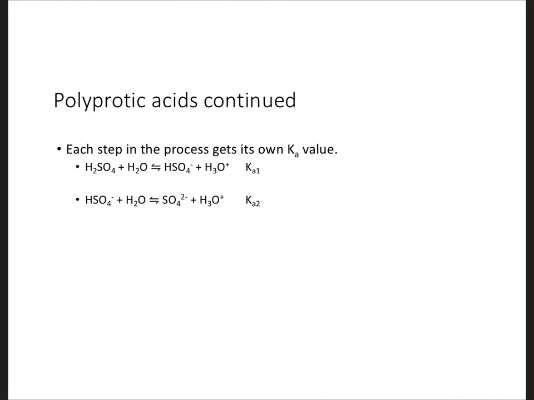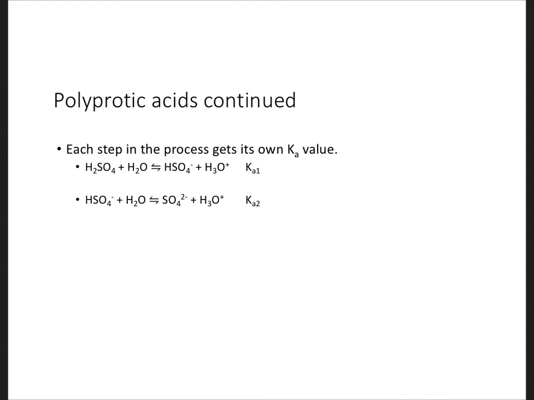For each one of the hydrogen transfers, for each one of the proton losses, there's going to be a dissociation constant. So for that first step, where we're losing a proton, we could call this Ka1. So we are going to have a dissociation constant saying that there is some fraction of H2SO4 that's going to ionize in solution.